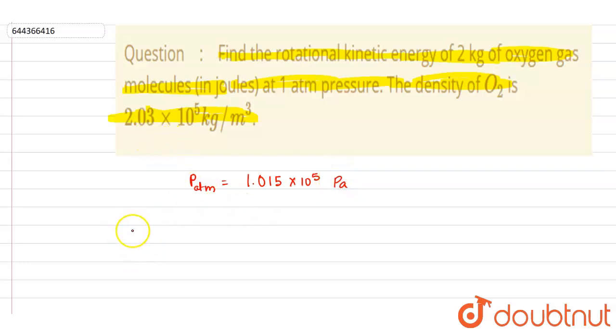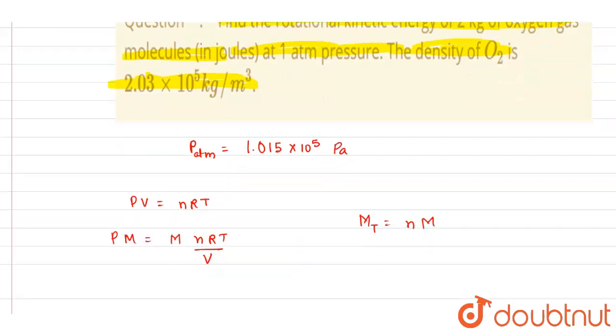Density is given, and if I write down the ideal gas equation, it is PV equals nRT. So here the density is given, so if you cross multiply this V, and multiply both sides by the molar mass. Now the total mass will be molar mass times the number of moles, right?